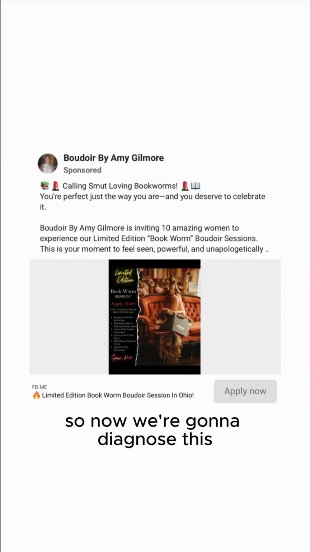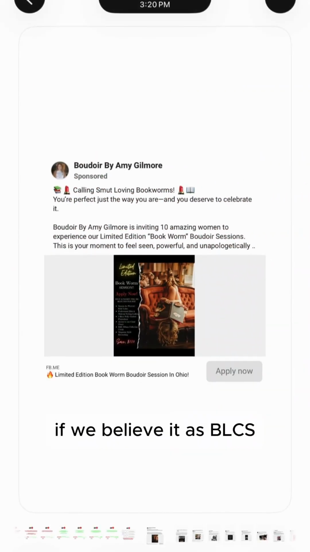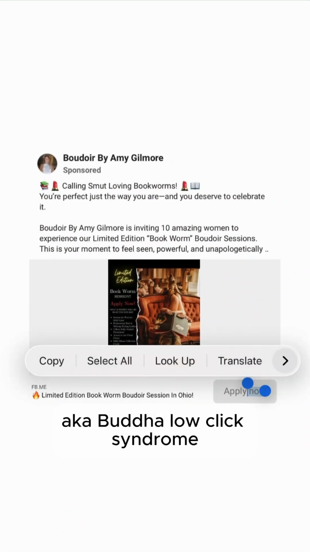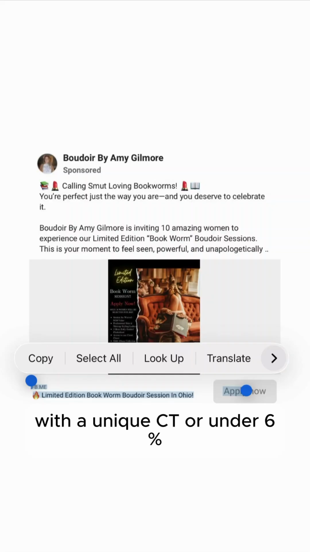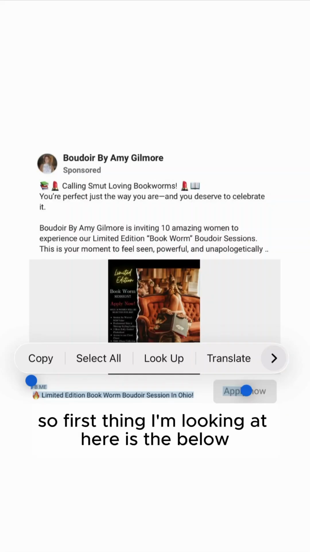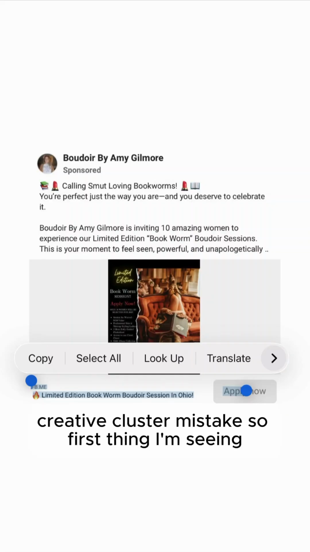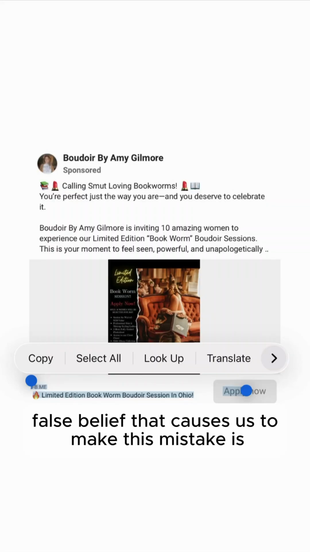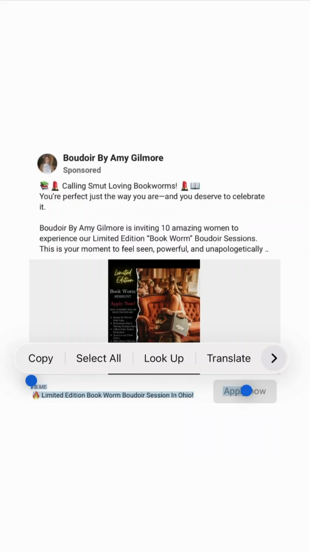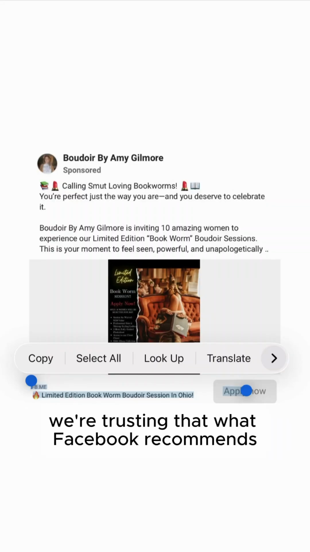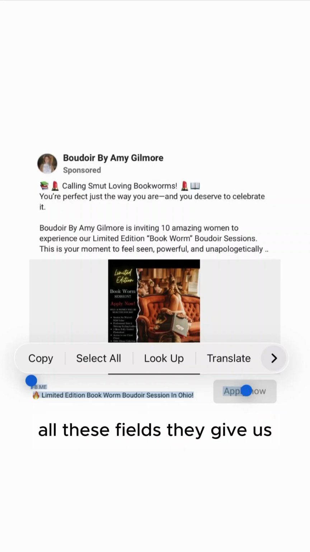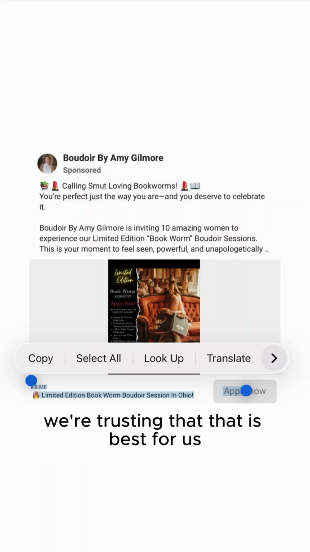So now we're going to diagnose this, if we believe it has BLCS, aka Boudoir low click syndrome, with a unique CTR under 6%. So first thing I'm looking at here is the below creative cluster mistake. The false belief that causes us to make this mistake is we're trusting that what Facebook recommends for us to fill out in our ads, all these fields they give us, is best for us instead of being best for Facebook.